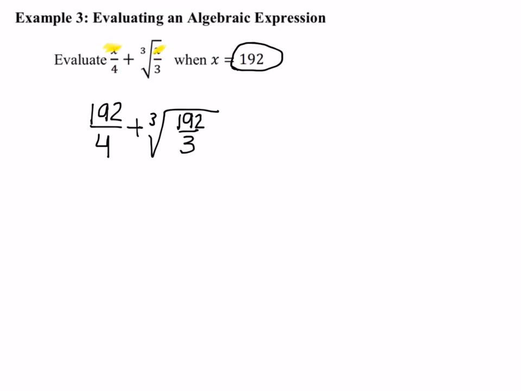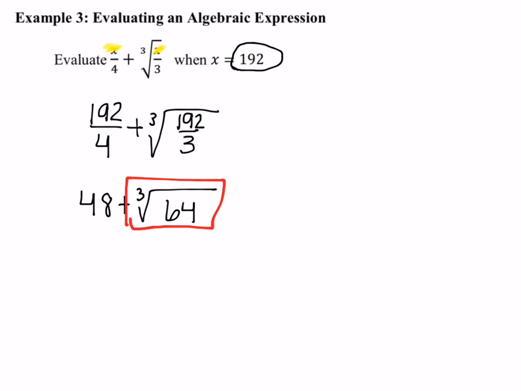Now, I know 3 isn't a perfect cube, so I actually want to deal with what's underneath that radicand first, and that's the 192 divided by 3. So 192 divided by 4 is 48, plus the cubed root of 64, because 192 divided by 3 gives us 64.